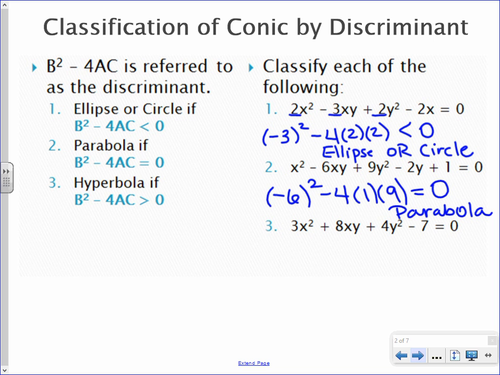So for parabolas, when it equals 0, doesn't that just mean the coefficients are like the perfect squares ones? Because if you had x squared minus 6x plus 9, you couldn't factor that into that. Well, but could it be 3? You mean all 3 coefficients have to be perfect squares?